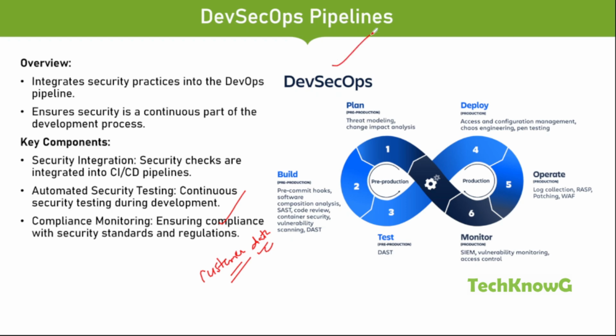Then coming to the DevSecOps pipeline. At the planning phase, we can add techniques like threat modeling and change impact analysis. Threat modeling is identifying the threats at the early stage of development.